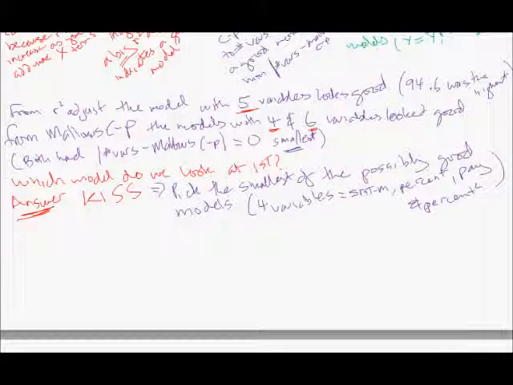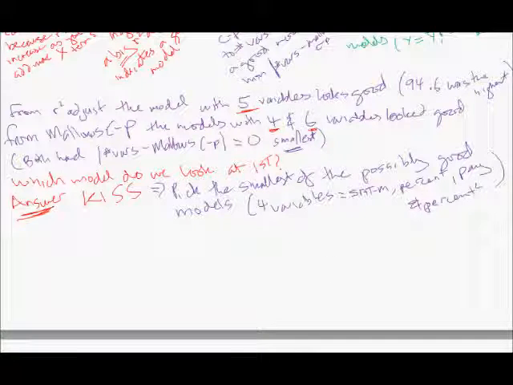Now we want to take this model with the 4 possible x terms and actually look at it in more detail, because the best subset just gives us a general overview. We need to look in more detail to see if there are any actual particular problems with it. What's good about it, what's bad about it.